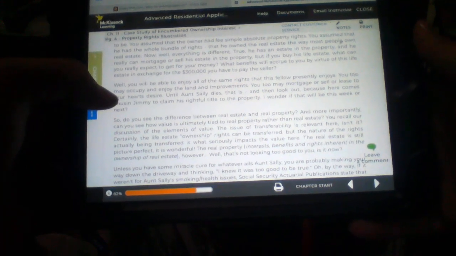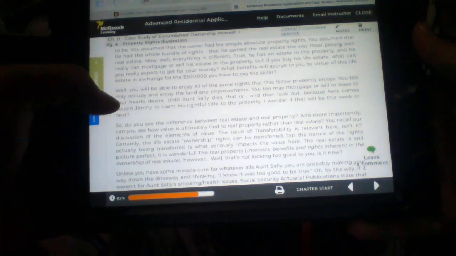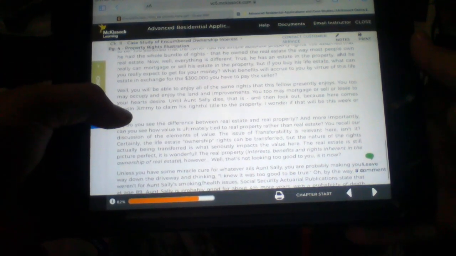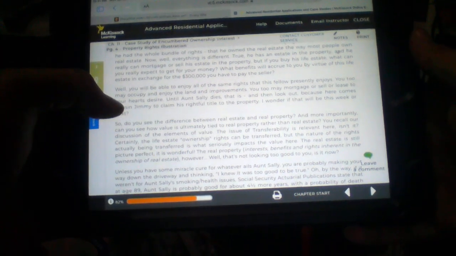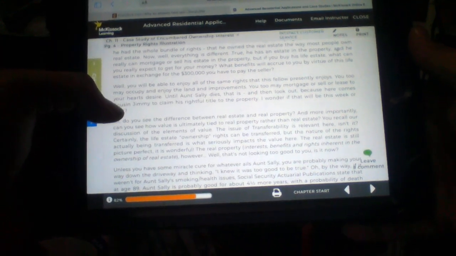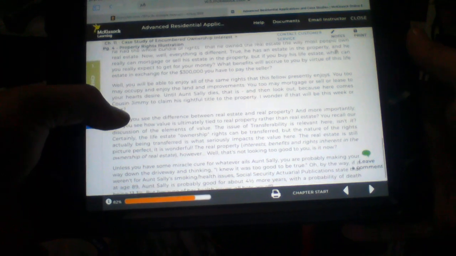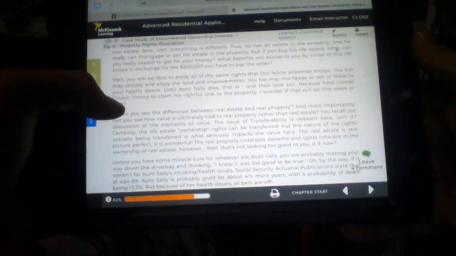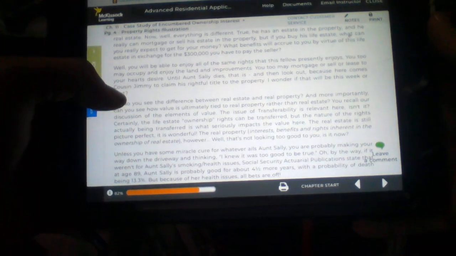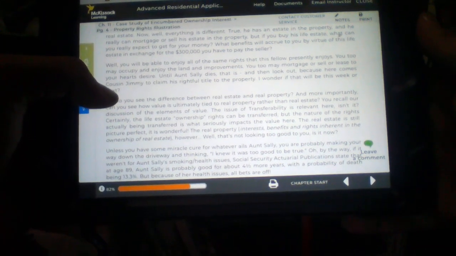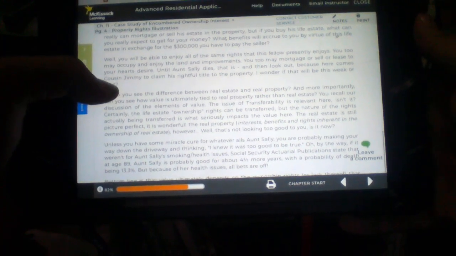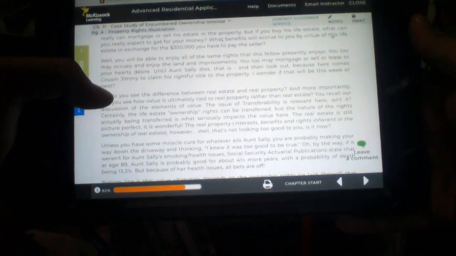You assumed that the owner had fee simple absolute property rights. You assumed that he had the whole bundle of rights, that he owned the real estate the way most people own real estate. Now, well, everything is different. True, he has an estate in the property, and he really can mortgage or sell his estate in the property.